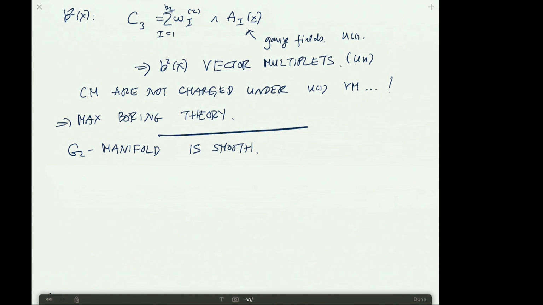And indeed, that's possible. But for this, we first need to understand a little bit how to study M theory on C2 mod gamma ADE singular.